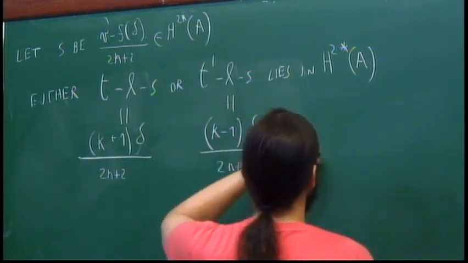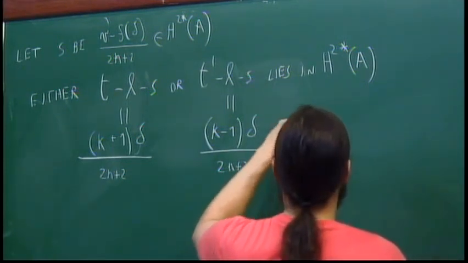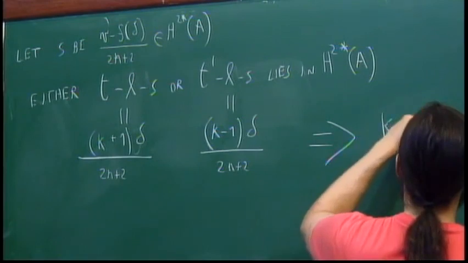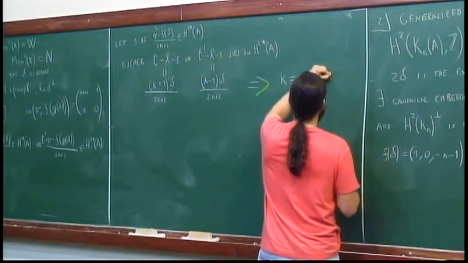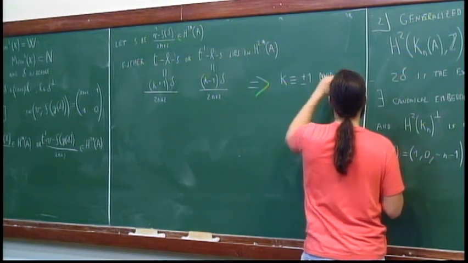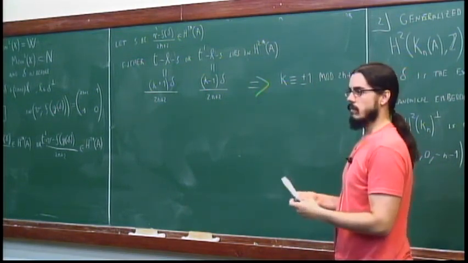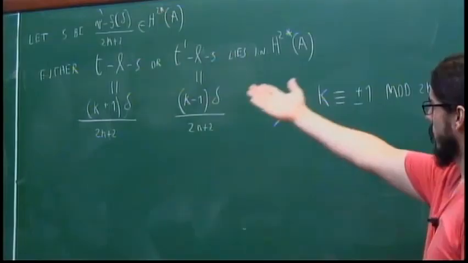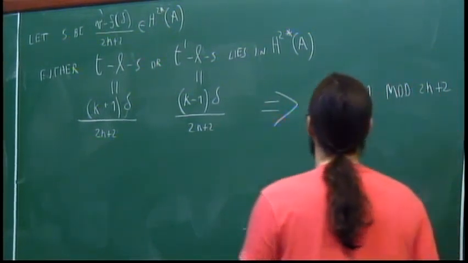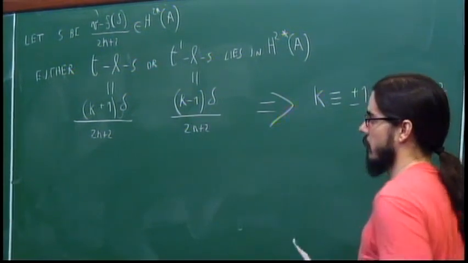So this implies that K is congruent to plus or minus 1 modulo 2n plus 2, which means that Mon2 is actually contained inside N. And therefore, we're done.